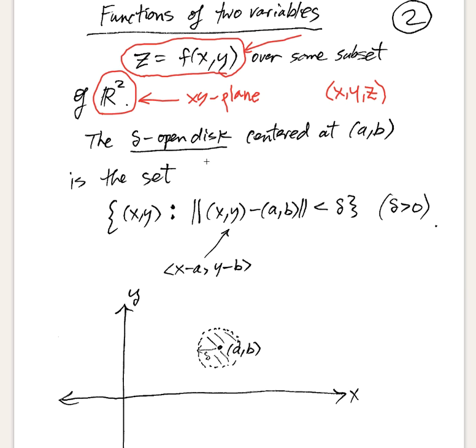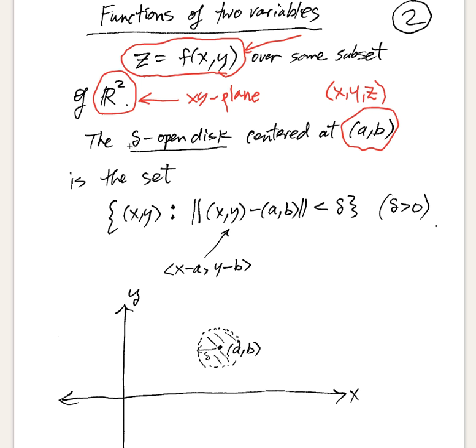In preparation for limits, the delta open disk, an open disk centered at (a, b). Notice that I don't just have x equals a, I have x equals a and y equals b here, technically.